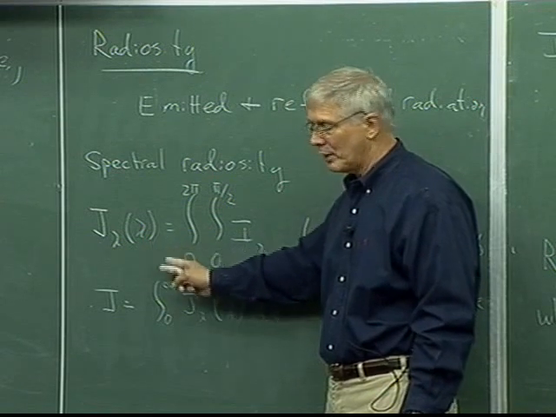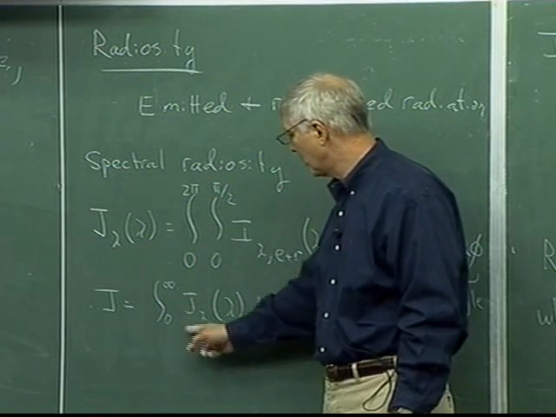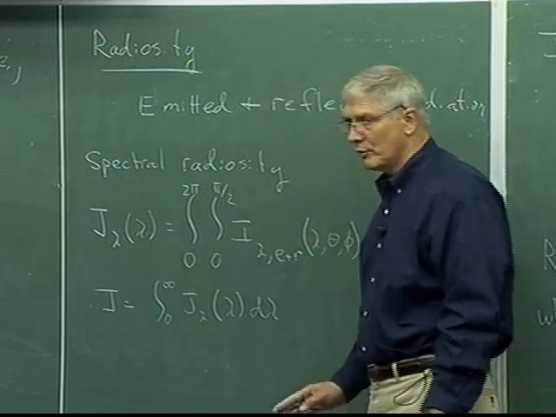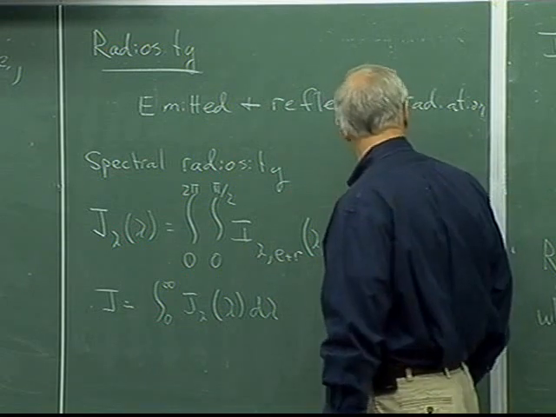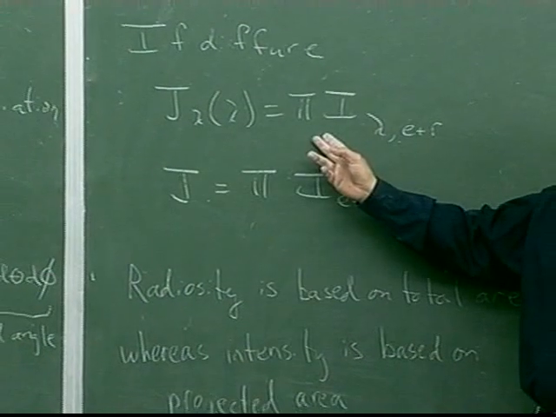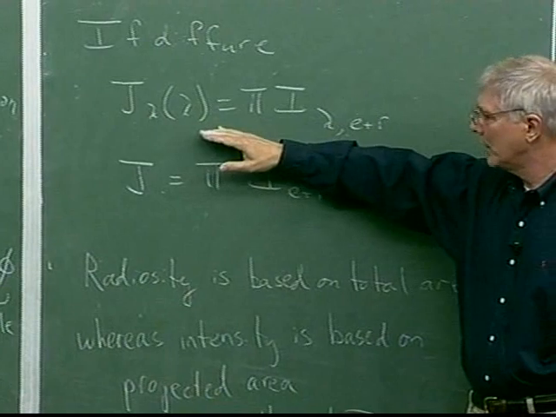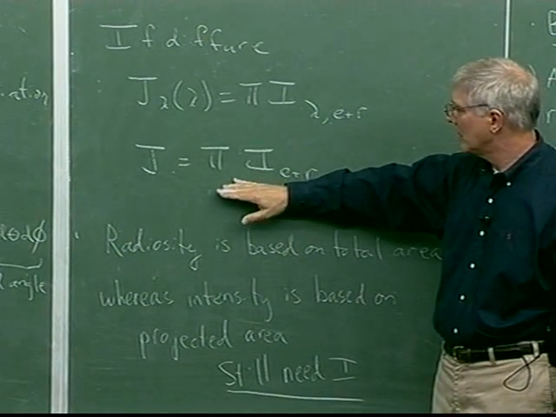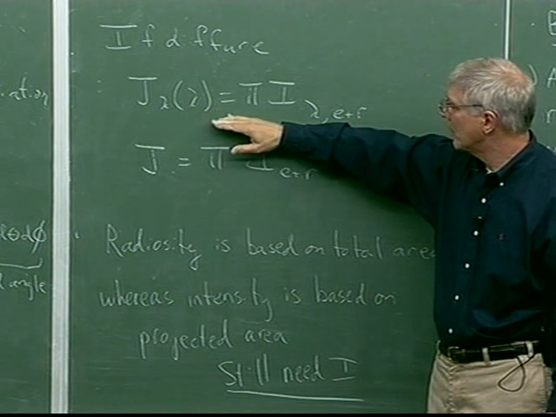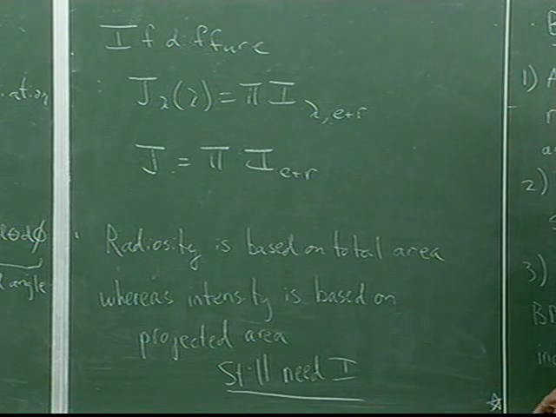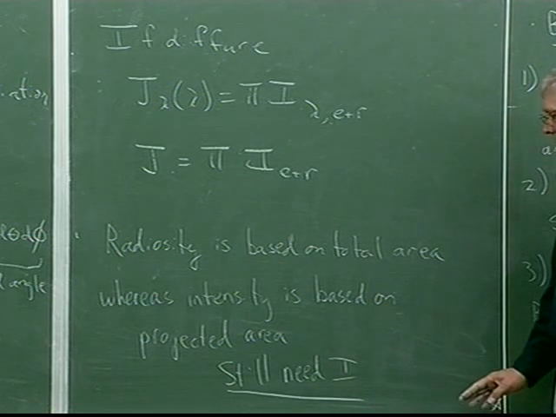And then we can get the total radiosity by integrating over all wavelengths, and we get J. Now, let's continue over here. If it's diffuse, and it frequently is, we can bring J outside the integral, and we can get the spectral radiosity and the total radiosity. Remember, radiosity is based on the total area, whereas intensity was based on a projected area.